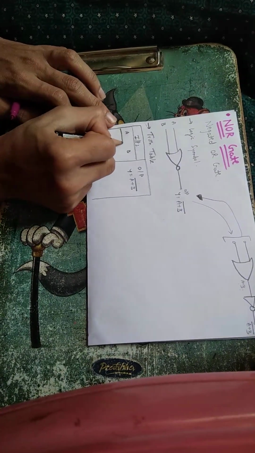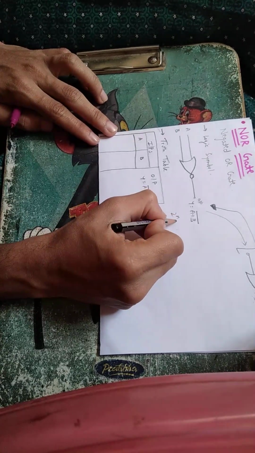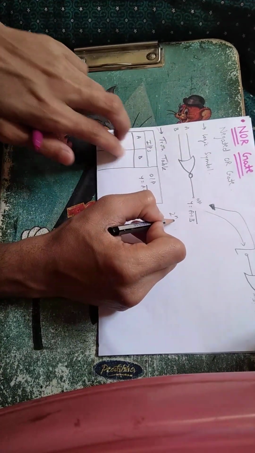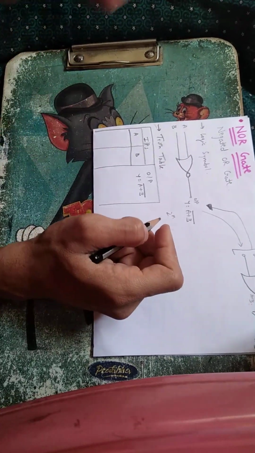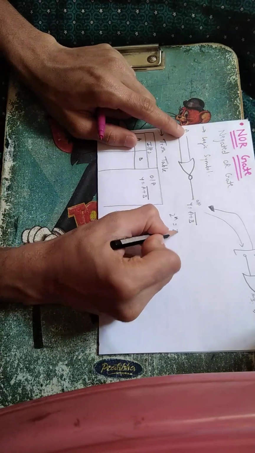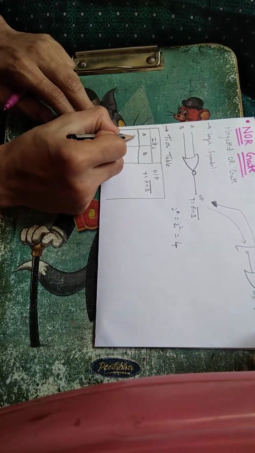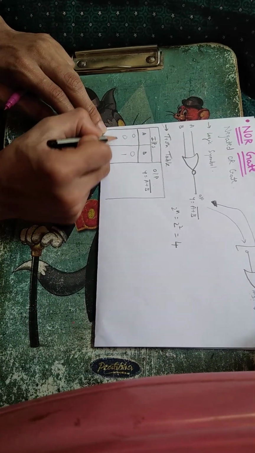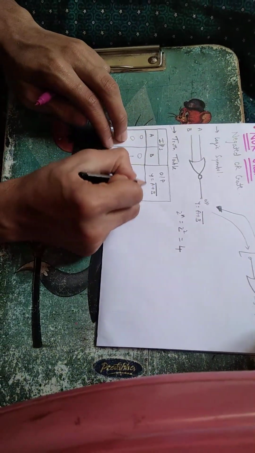Now in inputs there are again 2. 2 to the power n is the formula to find out how many input combinations are possible, where n represents the number of inputs. 2 to the power 2, how many combinations? 4 input combinations. So 0 0, 0 1, 1 0, 1 1.